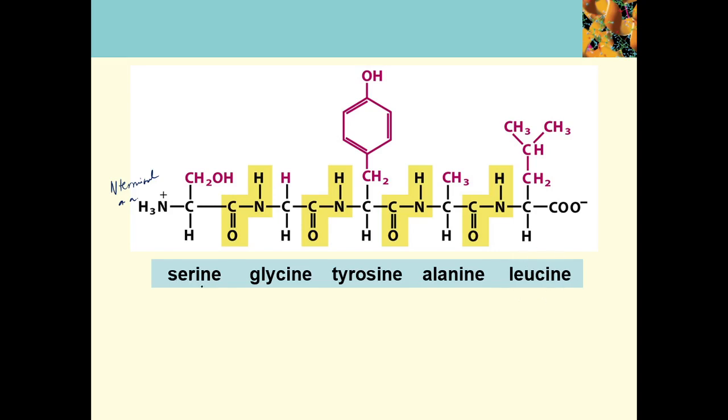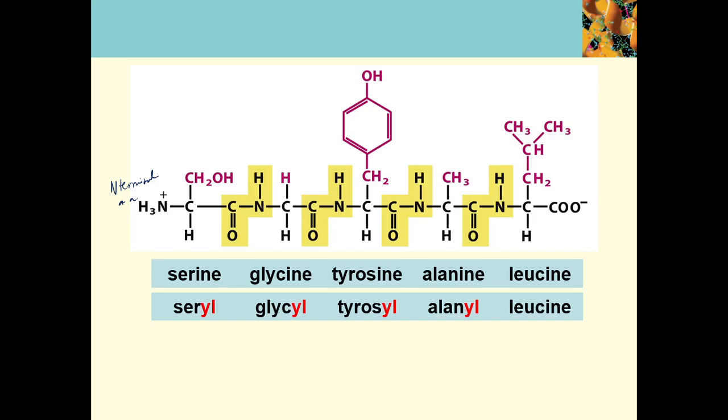So your serine will become seryl, your glycine will become glycyl, your tyrosine will become tyrosyl, then alanine will become alanyl, and then leucine will stay the same. There's a rule that the name should be written as a whole word. So it will become serylglycyltyrosylalanylleucine.